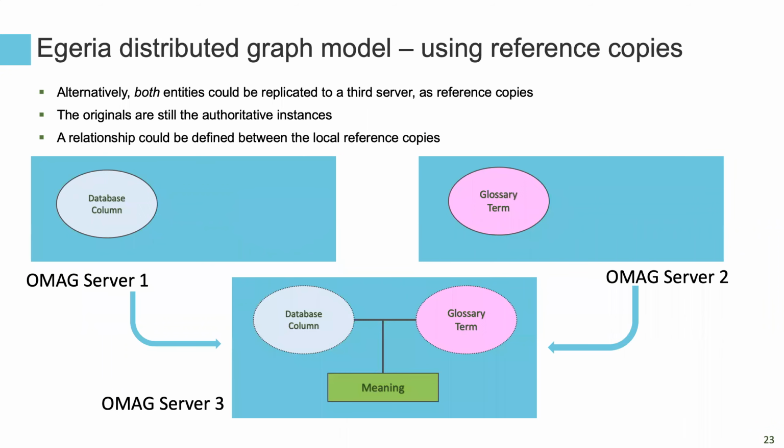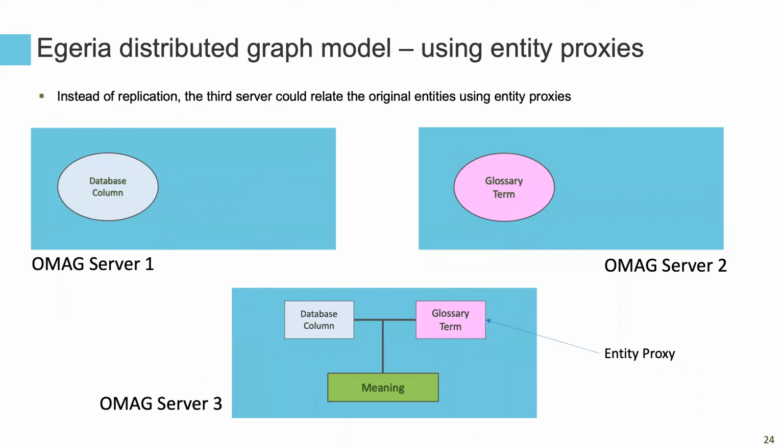We could do what's in this picture, which is we've taken reference copies of both the database column and the glossary term, and we've created a relationship on yet another server, OMAG server 3 in this case. So it's very flexible. And actually you don't need to take reference copies. So in case you're wondering, it's quite possible to just leave the database column and the glossary term in their owning servers, owning repositories, and in another repository if necessary, so under OMAG server 3, we can use what's called an entity proxy, which is effectively a pointer to the glossary term or a pointer to the database column.